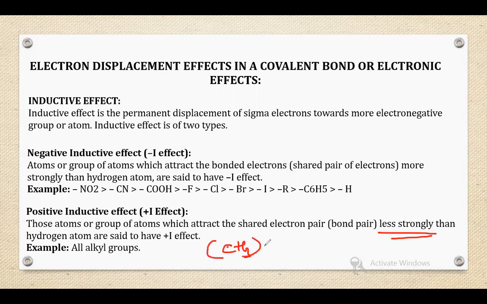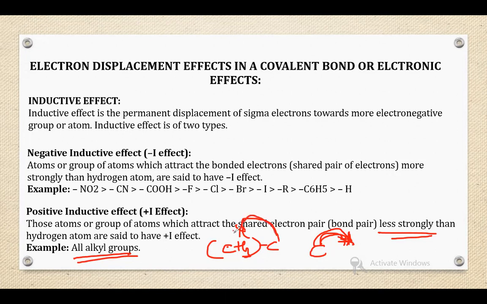For example, CH3 attached to a carbon. The methyl group and all alkyl groups show a positive inductive effect. These are less electronegative than hydrogen, so instead of dragging the pair of electrons, they donate the pair of electrons.